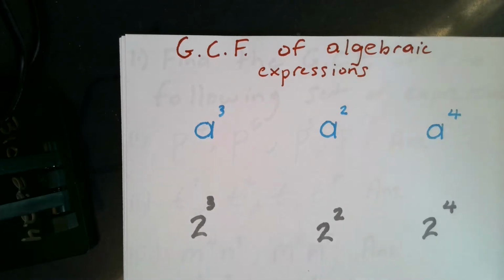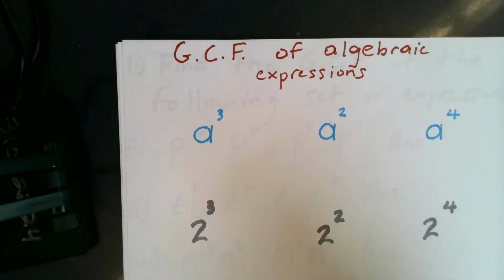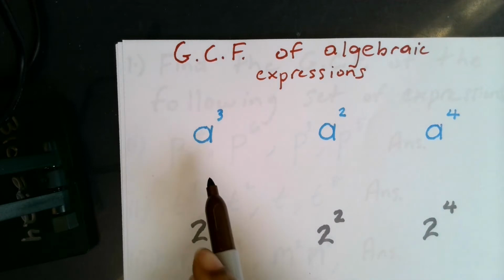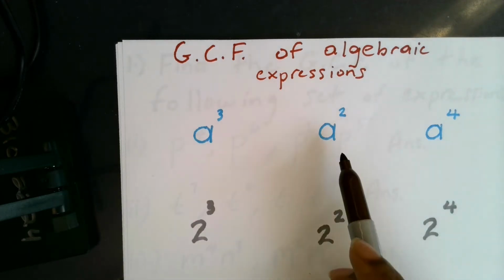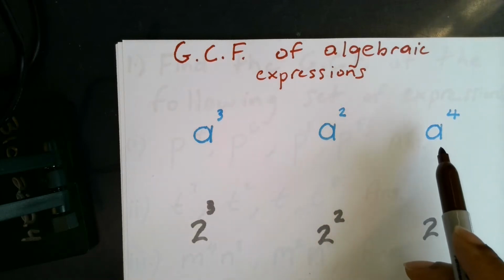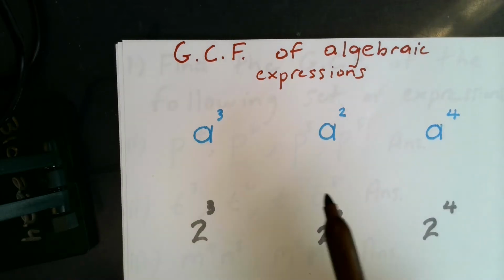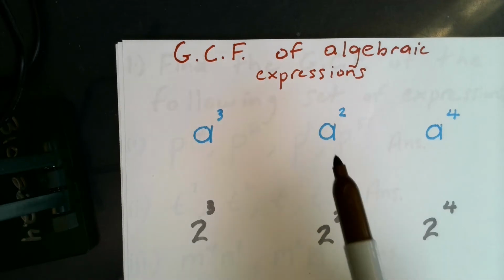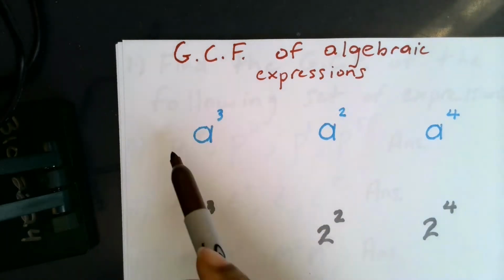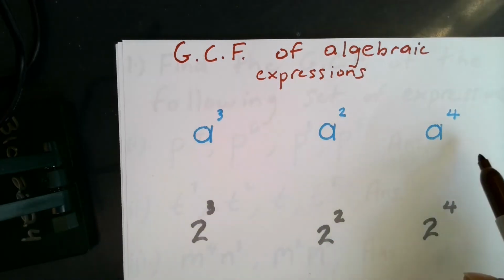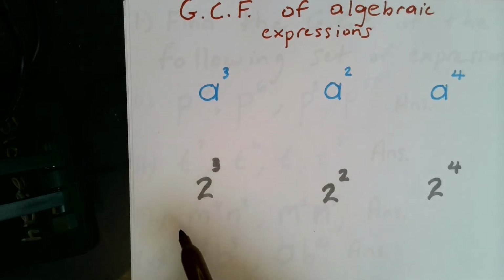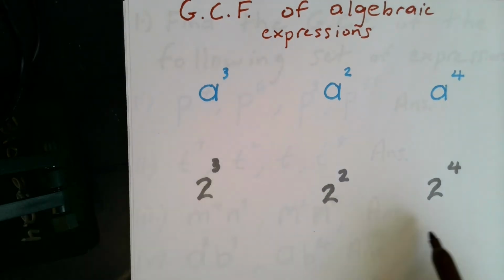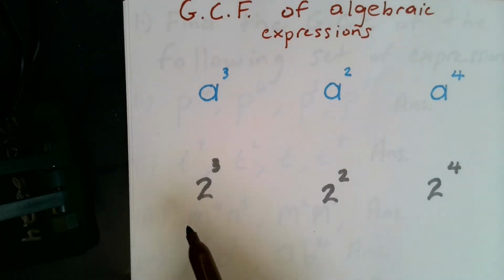All right, here we have 3 expressions containing a. All right? A cubed, a squared, a to the 4th power. Before we determine what the greatest common factor of these 3 expressions is, let us look at these 3 exponential expressions containing the common base of 2.